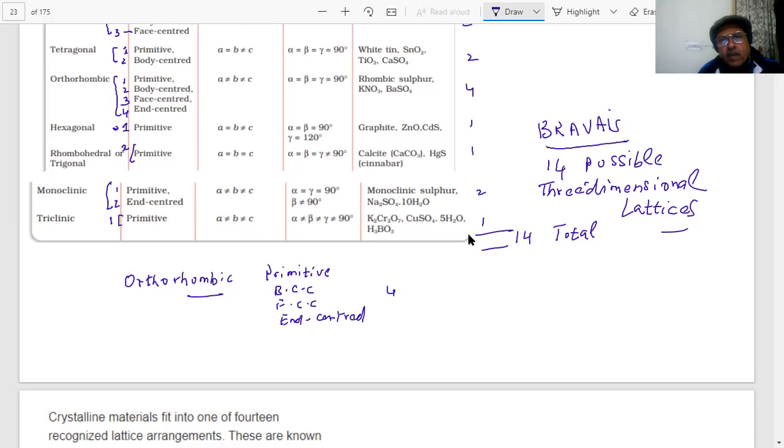So four possibilities. So orthorhombic will show the maximum variation, and orthorhombic is important then for the paper. That means a is not equal to b is not equal to c, and alpha is equal to beta is equal to gamma is equal to 90 degrees. This is the way I write it, because I will forget myself also.